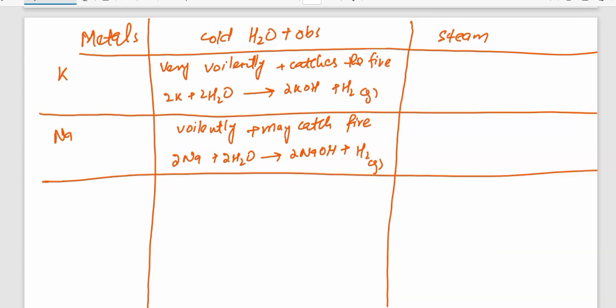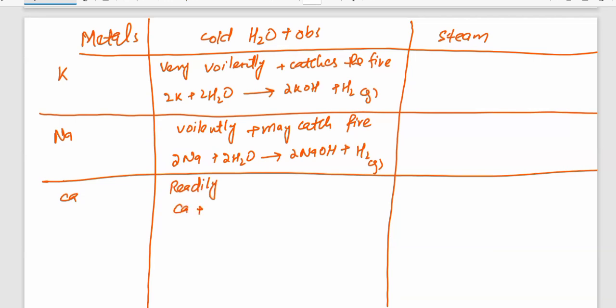Then the third reaction, with calcium. It reacts readily, and in the same way hydrogen is produced.